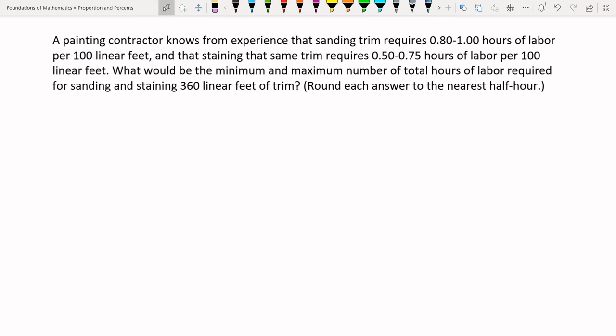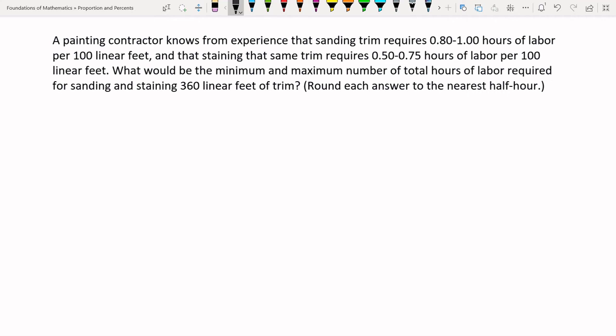Okay, last application problem. Here we have standing trim requires 0.8 to 1.0 hours of labor for 100 linear feet, and standing trim requires 0.5 to 0.75 hours per 100 linear feet. What's the minimum and maximum number of total hours required for 360 linear feet?